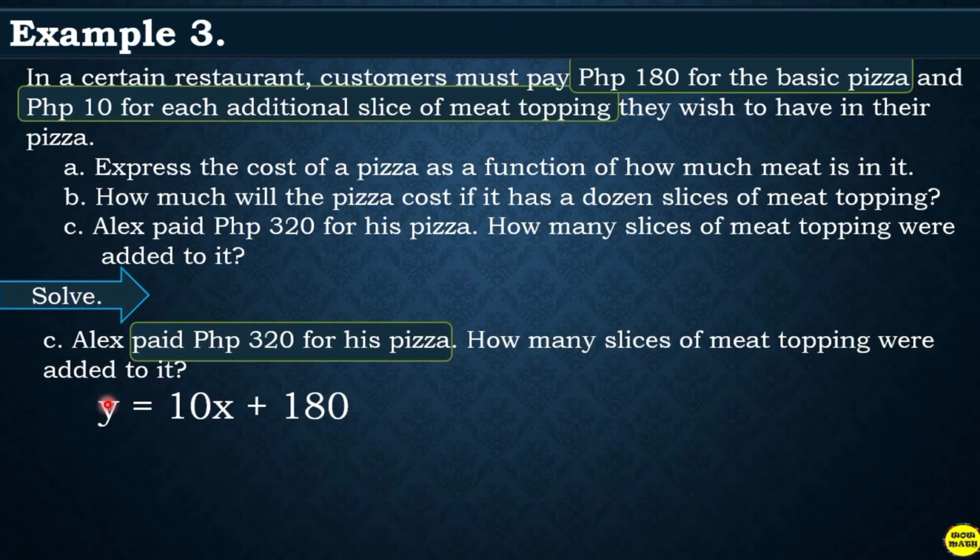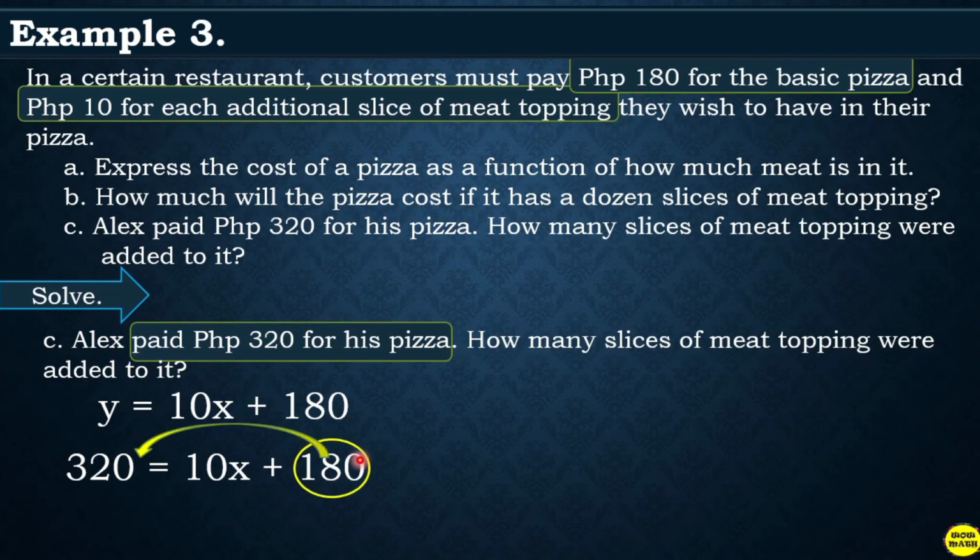Kung babalikan nyo yung previous slide, yung y natin ay yung total cost. So, therefore, ang isa-substitute natin dito is 320 since given yung total cost ng pizza. Okay? And then si 10x, wala tayong isa-substitute dito kasi ito ngayon ang hahanapin natin. Plus 180. So, anong gagawin natin?